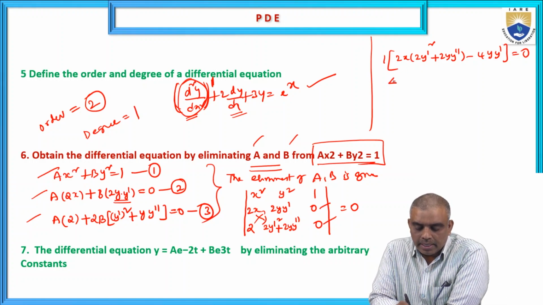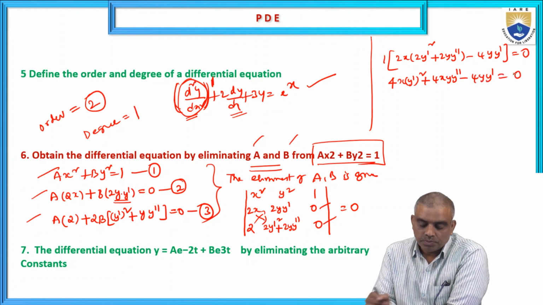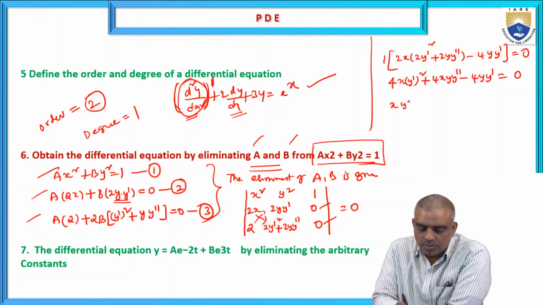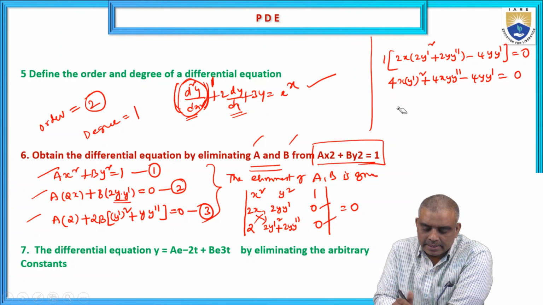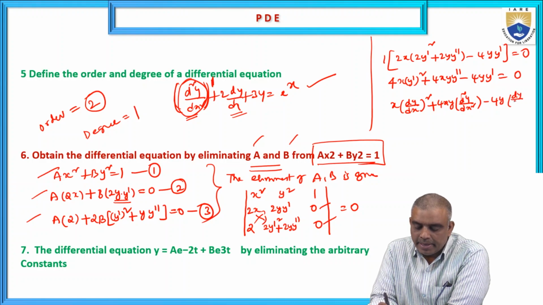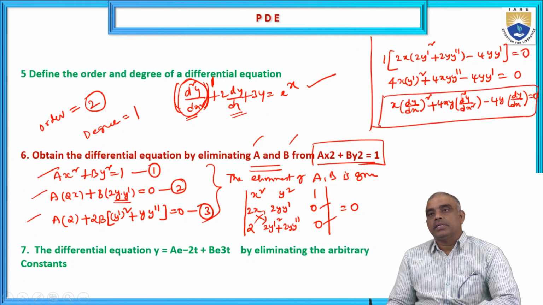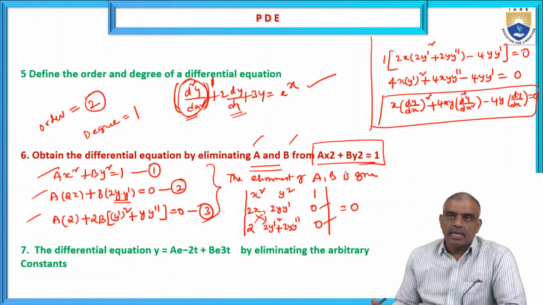Taking 4 outside, we get 4x y dash whole square plus 4xy y double dash minus 4y y dash is equal to 0. Or 4 taken outside: x into dy by dx whole square plus xy into d square y by dx square minus y into dy by dx is equal to 0.